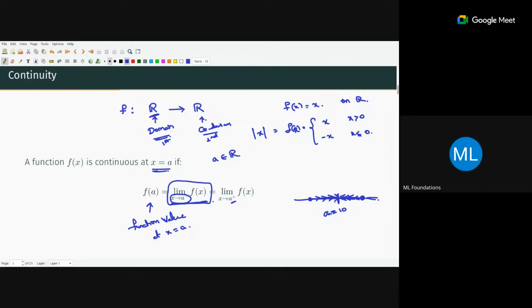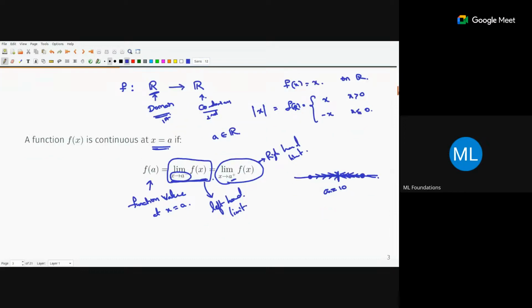That is why this is called the left hand limit, because it is approaching from the left side towards a, and this is called the right hand limit. So LHL, RHL.